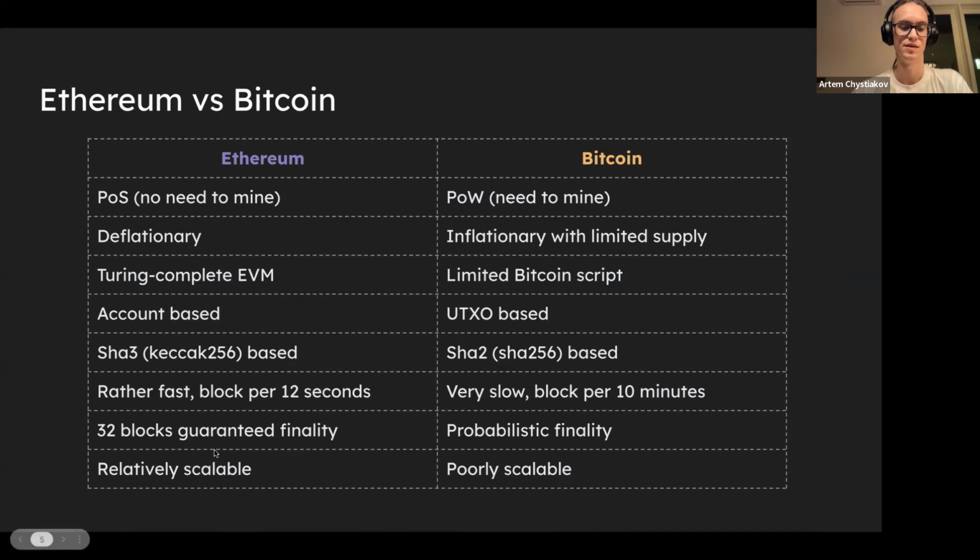If a lot of blocks are added on top of your block, at some point of time, the consensus guarantees block finality, and there won't be any chances of altering the blockchain history, because it will require billions or tens of billions of dollars to do, which is impossible.